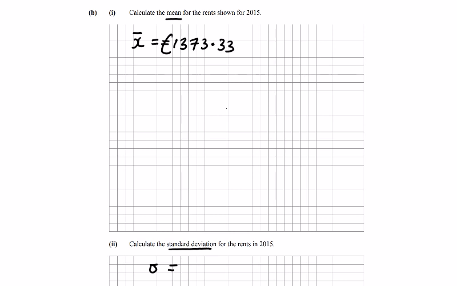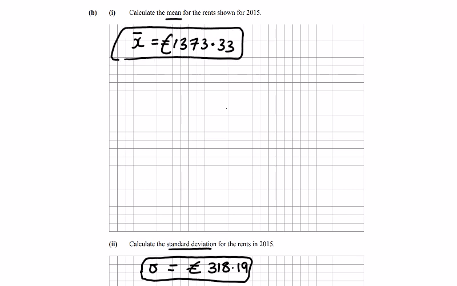And for the standard deviation, it's coming in at 318 to the nearest euro and 19 cent if it's rounded to cents. So calculator use statistics question, highly likely to come up most years. Make sure you know how to use your calculator before going into the exam.